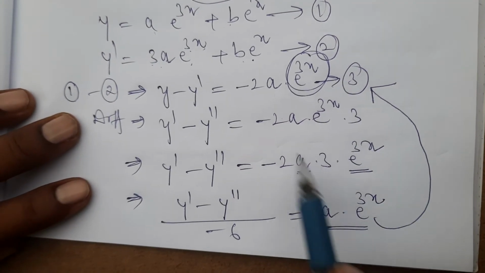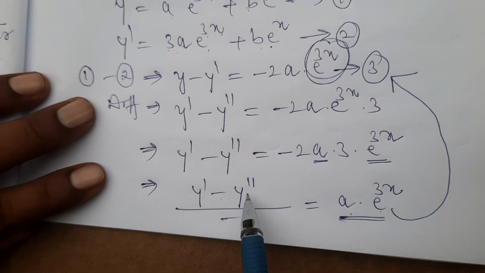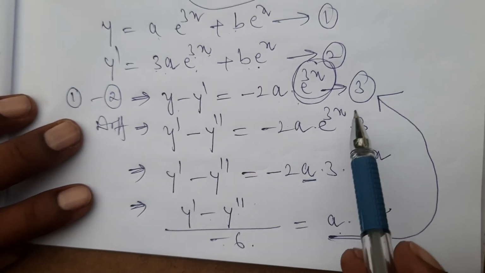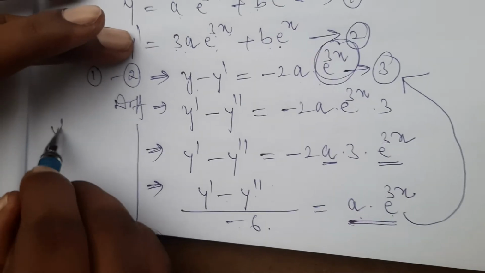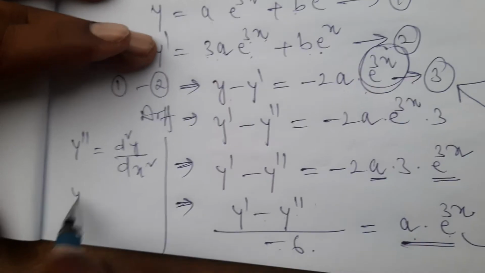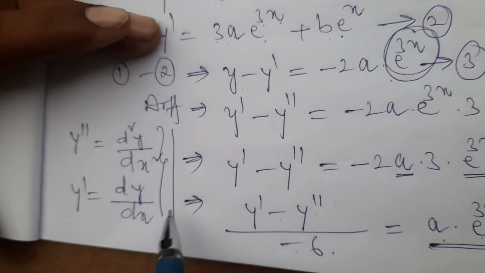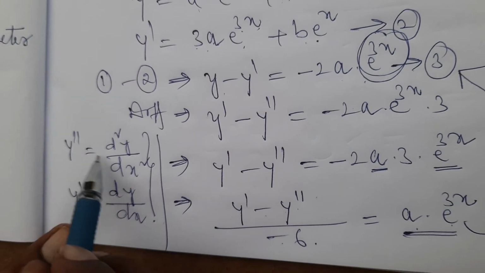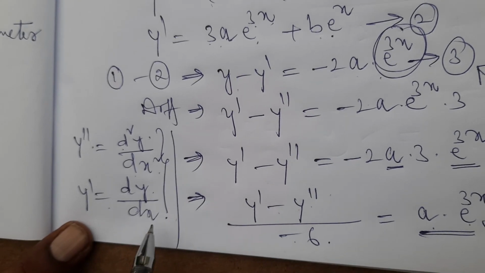If you replace a e power 3x with (y dash minus y double dash) by minus 6, then automatically you will get the differential equation. And what are the notations? y double dash means d square y by dx square, and y dash is dy by dx. For our convenience we write y dash and y double dash.